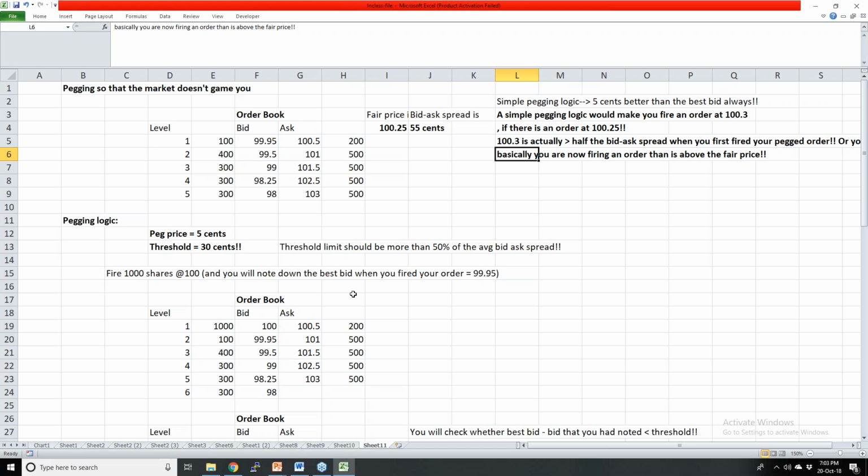So you can have a logic that I will not peg my order, I will not put a quantity more than 50% of the order that already exists at the best bid, right? If the fair price is trending, then our fair price itself is not fixed. Obviously it is not, but that's how markets move, right?